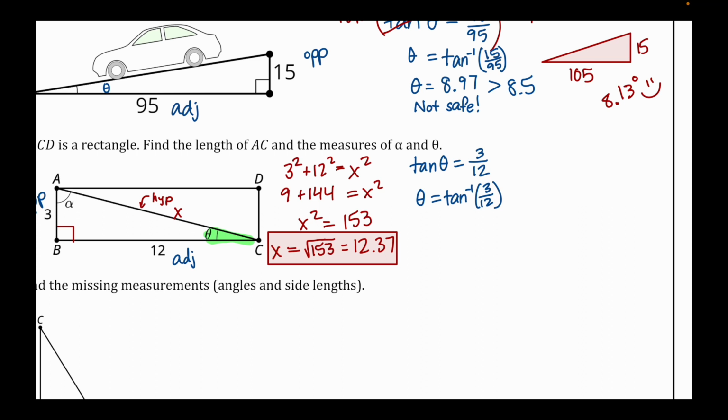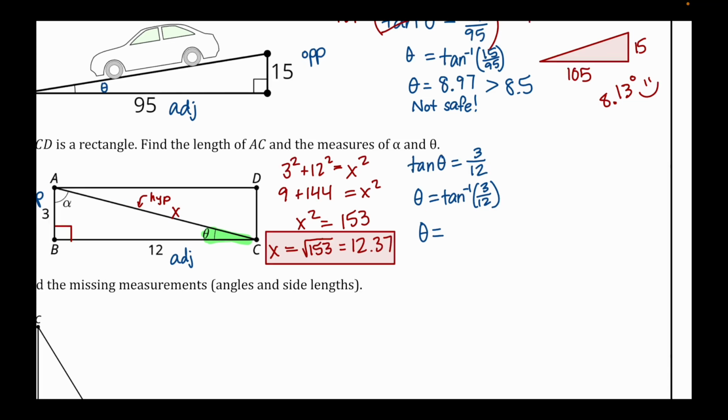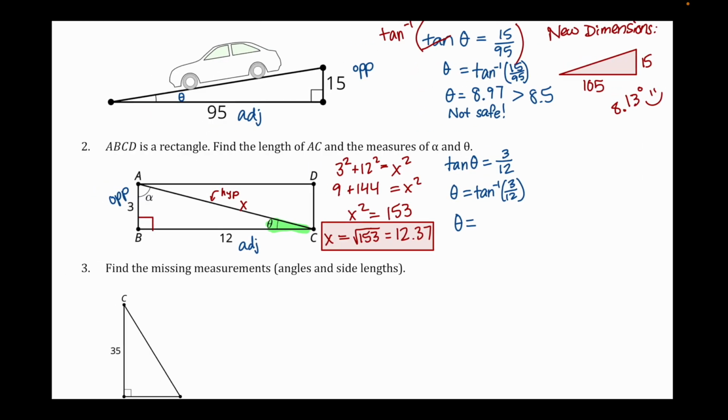And calculator says that a value of theta is approximately 14.04. If you want to round that to just the whole number 14, that's absolutely fine. I'm probably just going to round to 14, and I'll say it's 14 degrees. Because it's almost exact. It's 14.0 if we were to round to one digit after the decimal point. So you can actually even show that it's like 0.0, but I'm not going to.